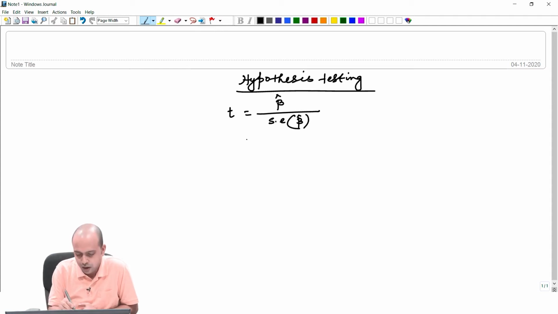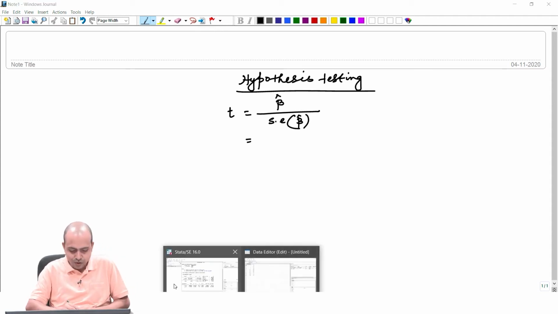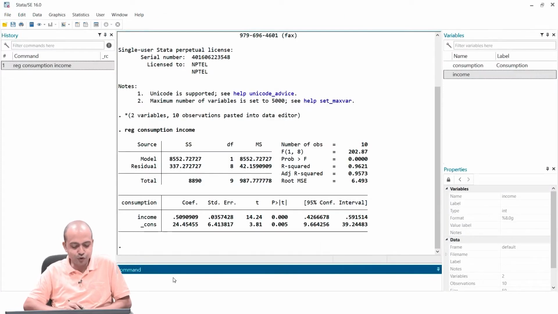In this particular case, our beta hat is 0.5090, and the standard error is 0.0357.